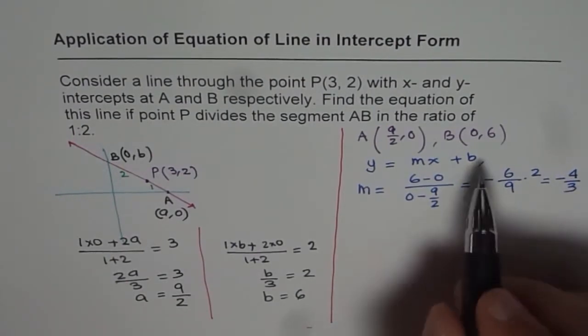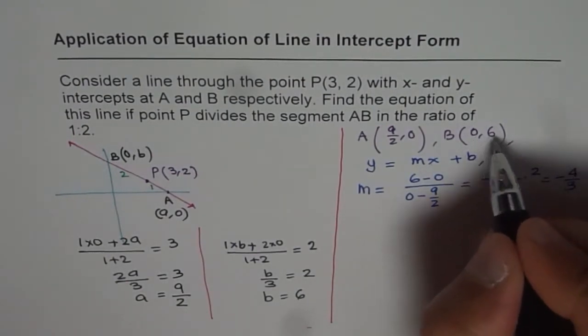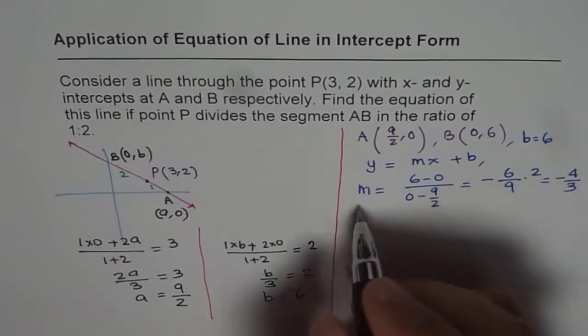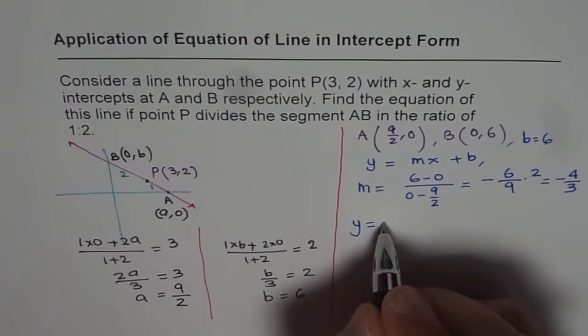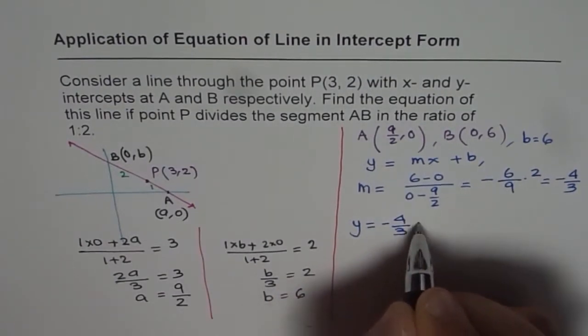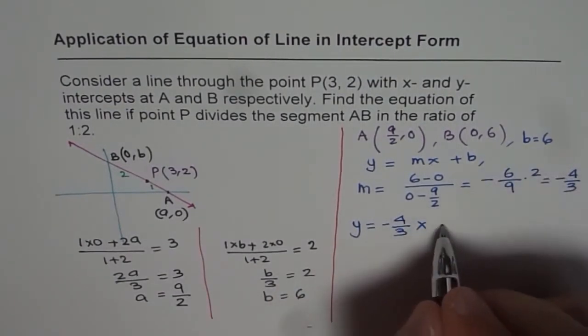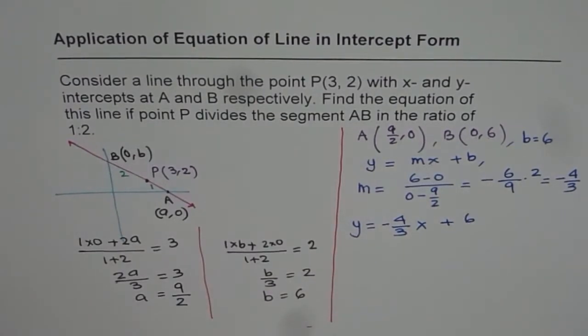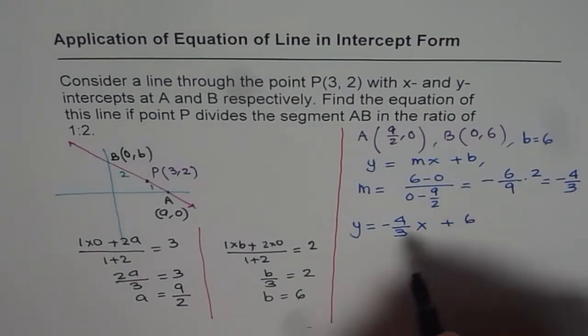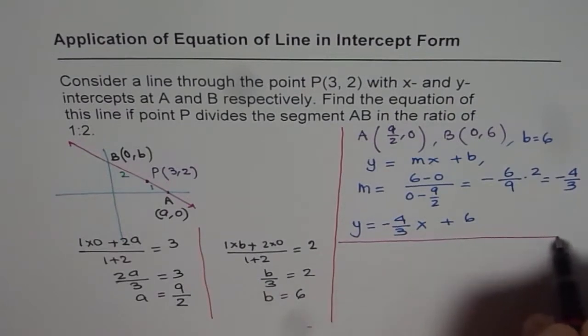Now we know slope and we know b is 6, so we can write down the equation of the line. The equation of the line is y equals minus 4/3 x plus 6. So that is our answer, and that's how you can get your equation. So that is one solution.